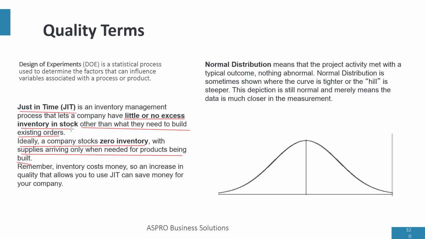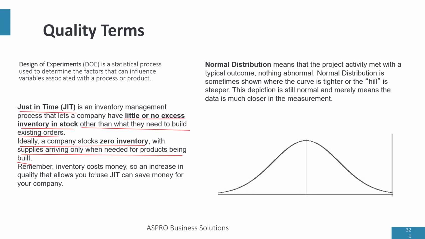Just in time means that you do not overstock spare parts for building products. The parts come only when you have orders, which means a company will have zero inventory once they finish building out their orders.